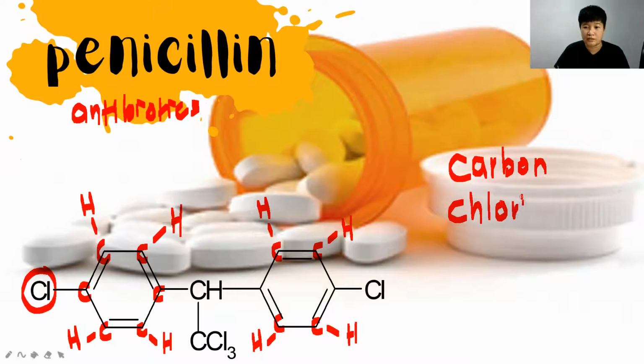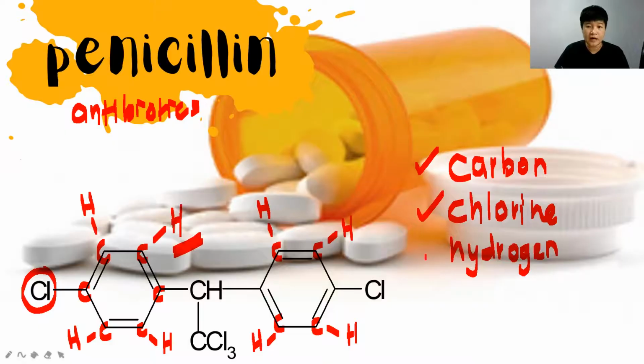So chlorine is one of the elements in penicillin. Next, we have the presence of hydrogen. Other than these three, what else do we have? Nothing. We don't have oxygen, we don't have nitrogen or so. We only have carbon, chlorine, and hydrogen, as you can see from the structural formula. Those are the elements that make up the penicillin antibiotic.